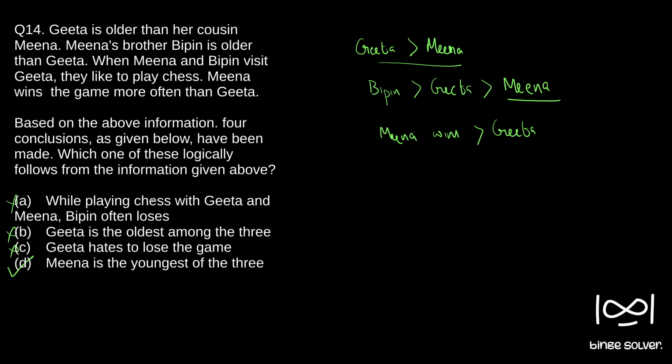One thing we have to keep in mind is that when such big questions come, make sure that you read the question first and see what they are asking, so that you can avoid processing certain information and focus on the rest. We can just simply write a few statements and quickly eliminate the options and arrive at the solution. So this is the solution to question number 14.